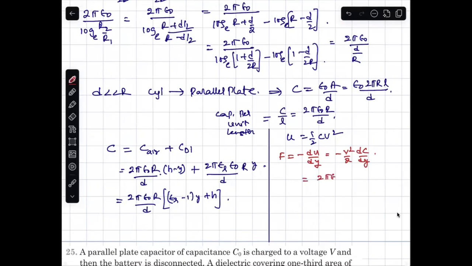2 pi epsilon naught R V square. You can see.